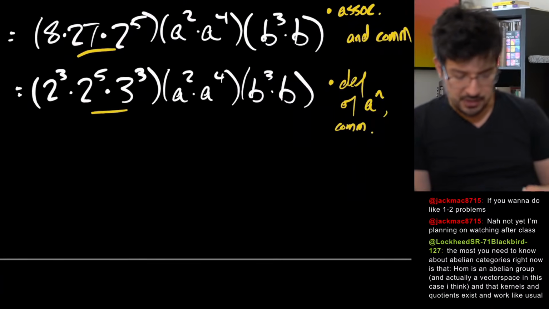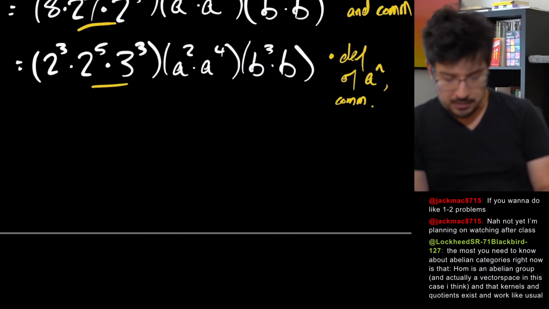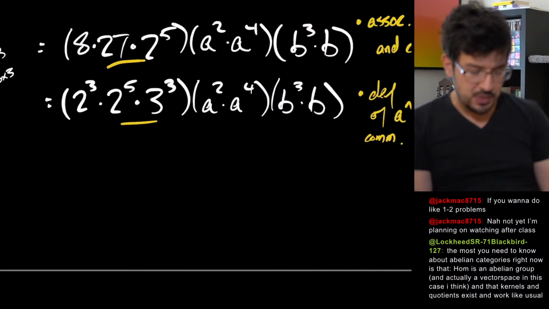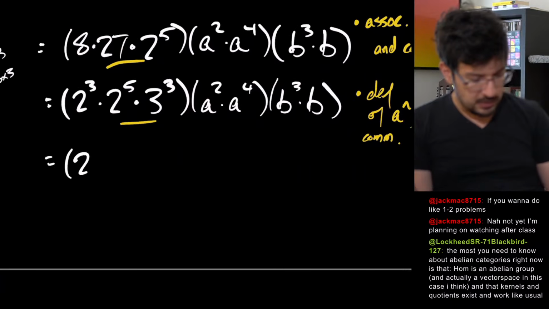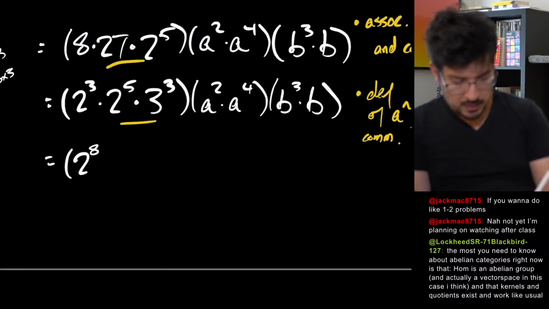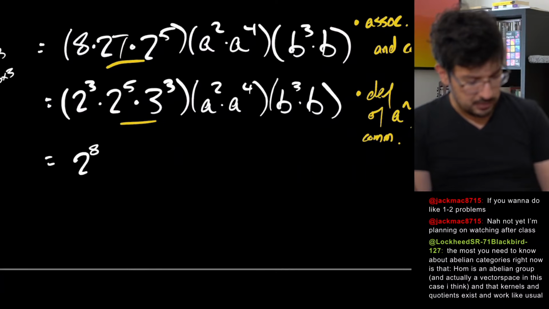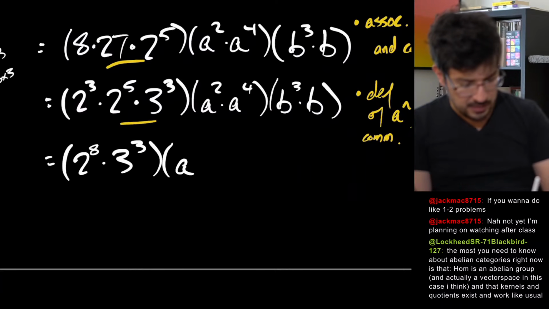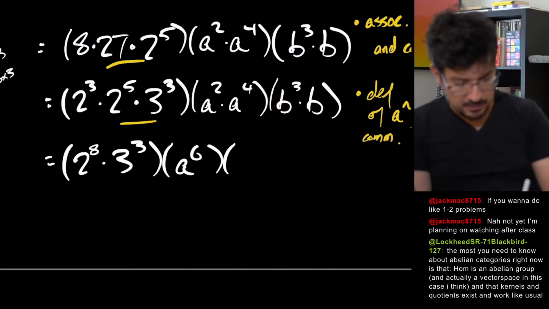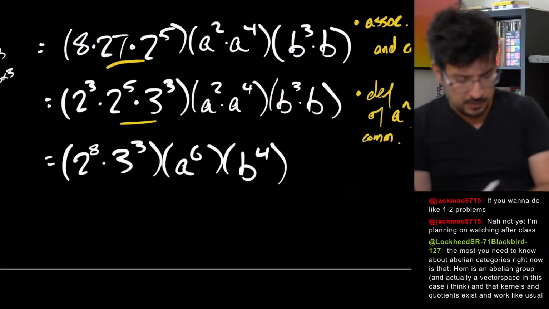So we got the definition of a power to rewrite 8 as 2 times 2 times 2. And now we can get 2 to the 8th times, at this point, well, yeah, let's keep the parentheses. 2 to the 8th times 3 cubed times a to the 6th times b to the 4th.